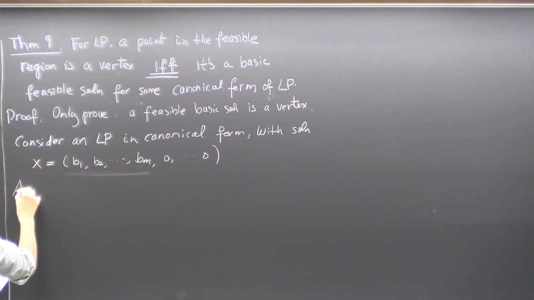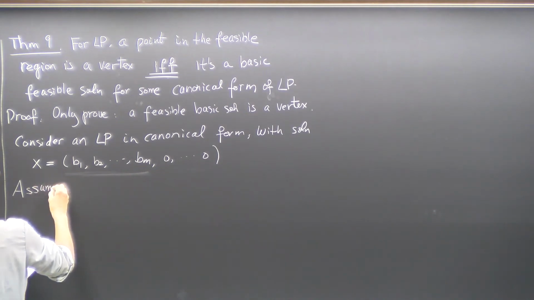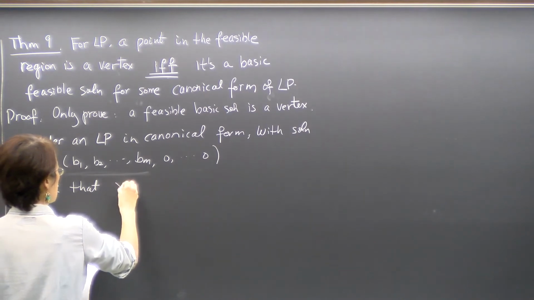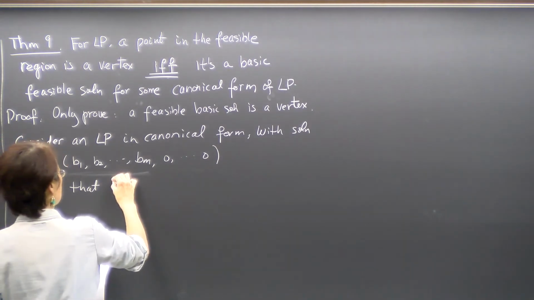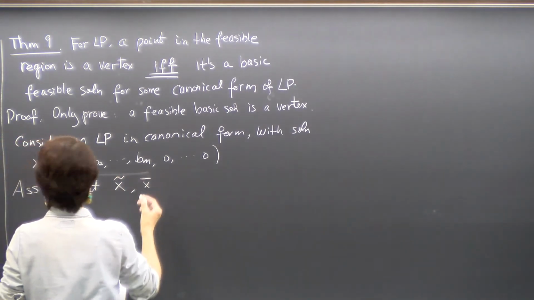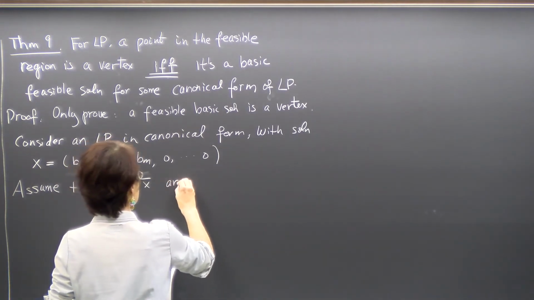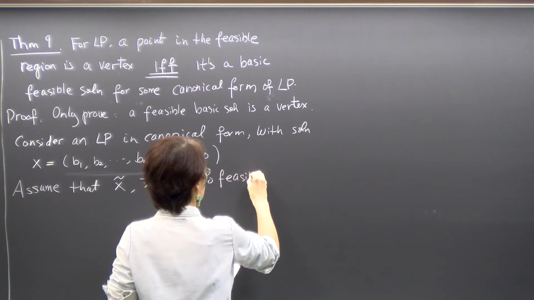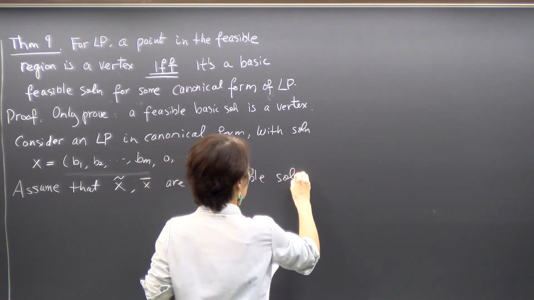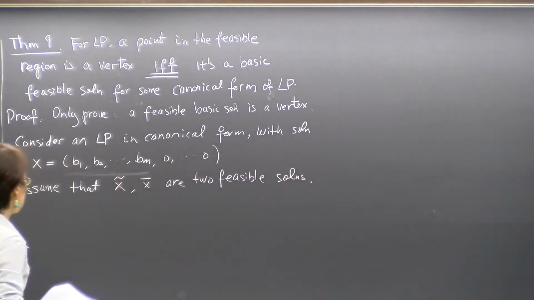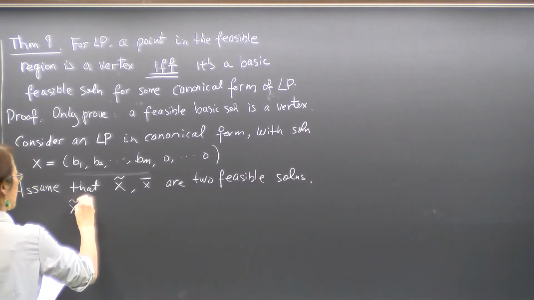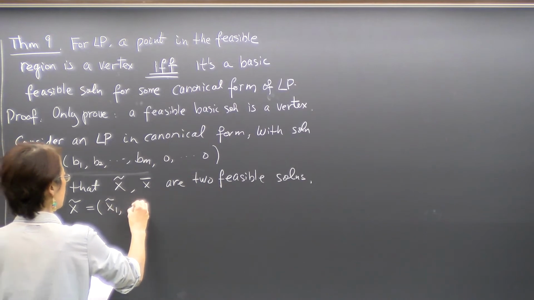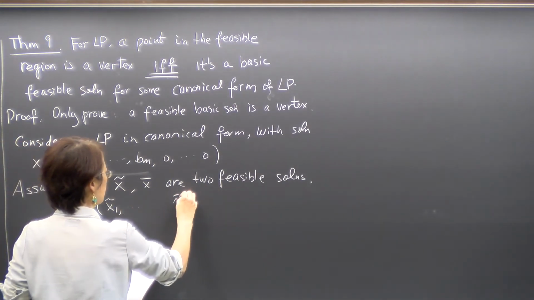Assume I have two other solutions. Let's call them x tilde and x bar. They are just feasible solutions, not basic. Let's write the elements out. So I'll have x tilde 1 all the way to x tilde n.